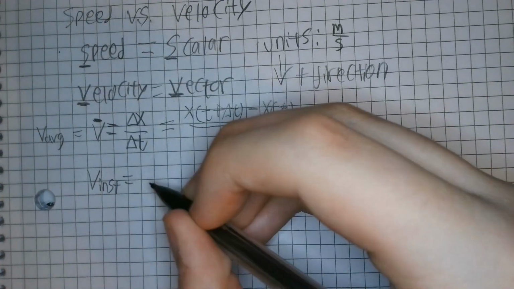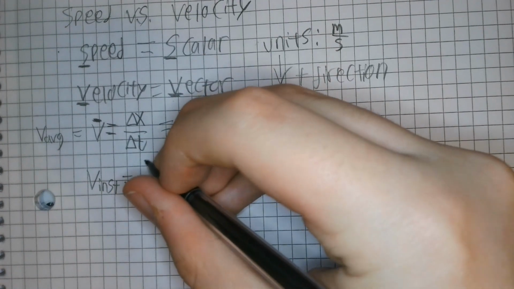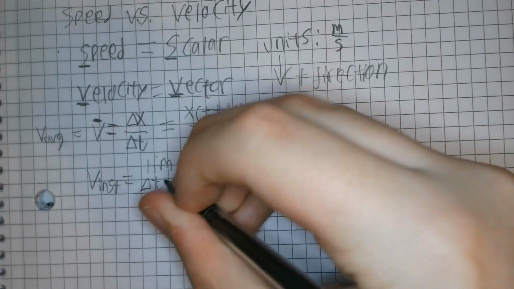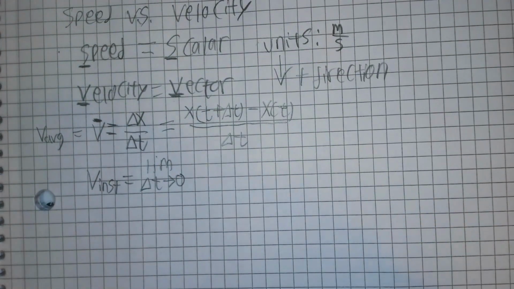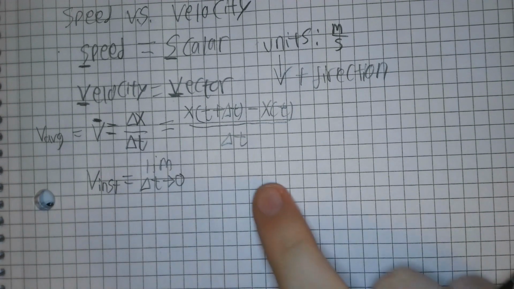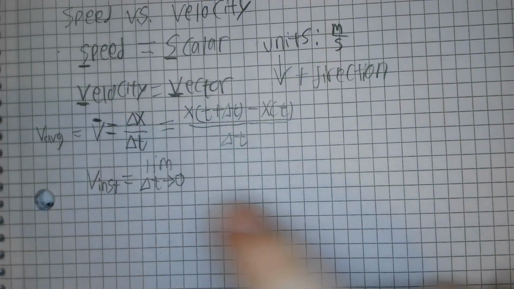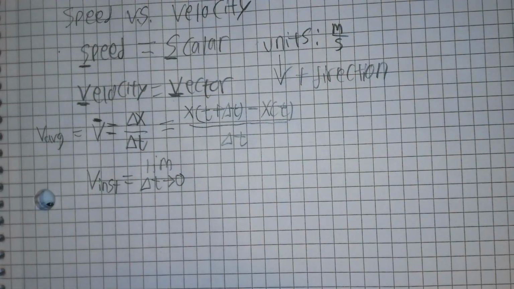So what we're going to do is something called taking a limit. And we're going to take this limit as our change in time, delta t, is approaching 0. Really what this means is that as we make our delta t smaller and smaller and smaller, we want to find the value that velocity approaches. Okay?